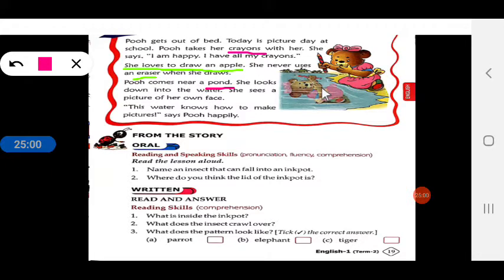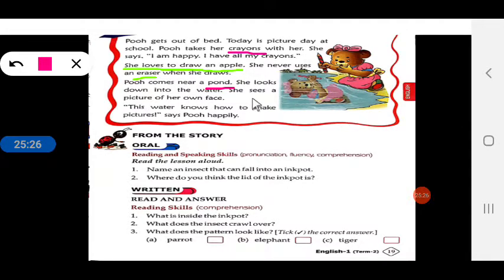What does she think? This water also knows how to draw pictures. So by looking into the water at her own face, she thought that her face has been drawn by this water.